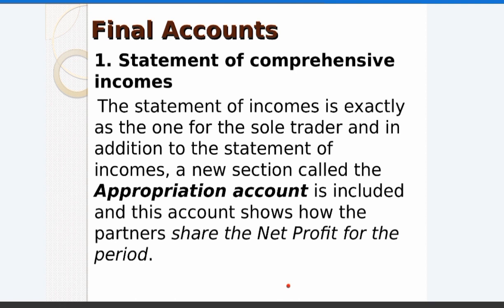But before we look at the illustration, let us look at the kind of accounts that we prepare for the partnership kind of business. As I mentioned earlier, for a partnership business, we prepare basically two accounts. The first account is a statement of incomes. A statement of incomes, as you know from the sole proprietorship kind of business, is to determine whether a business is making profit or loss.